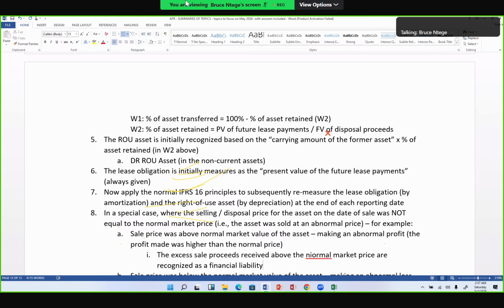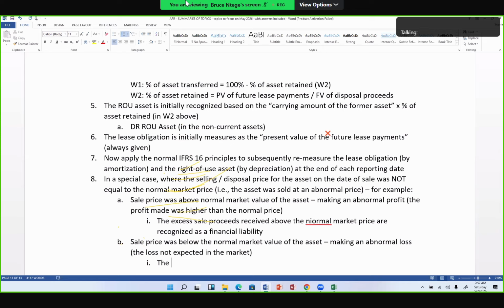It's different from the case of selling the asset below the normal price, because in this case, that difference, the amount less than the normal market price, will represent what we call a payment, the lease rental.